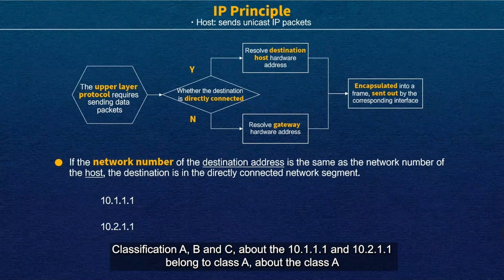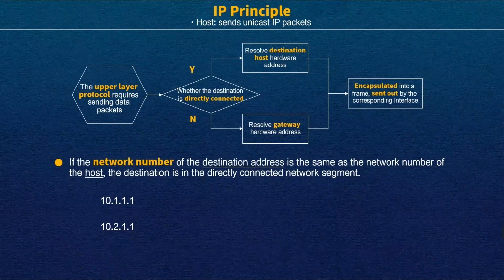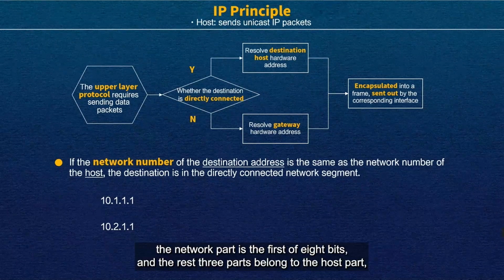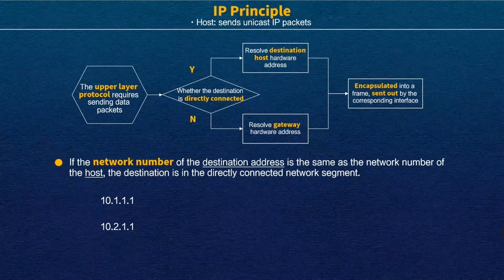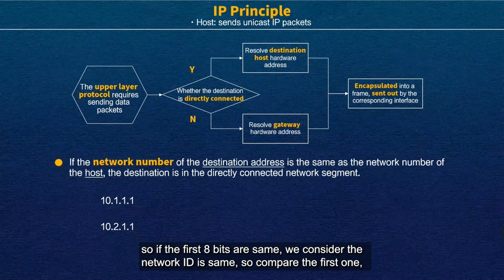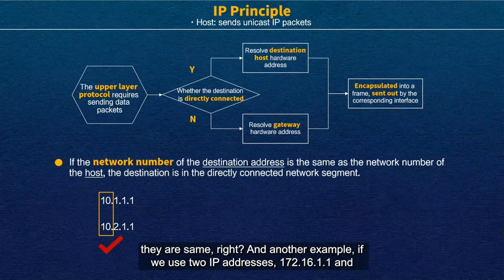Classes A, B, and C. 10.1.1.1 and 10.2.1.1 belong to class A. About class A, the network part is the first 8 bits, and the remaining 3 parts belong to the host part. So if the first 8 bits are the same, we call the network number the same. Compare the first one, they are the same, right?